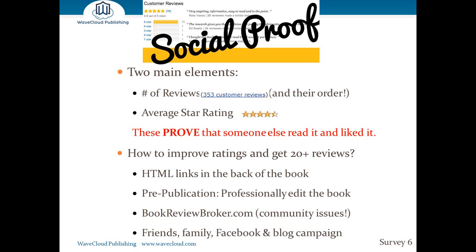Essentially what your star rating and number of reviews show someone who's considering buying your book is, hey, somebody else read this and they liked it. So if you're a science fiction fan, if you like alien first contact, or military history, or spiritual meditation books, you'll probably like mine, because look at all these people that liked it. That's just fantastic, isn't it?